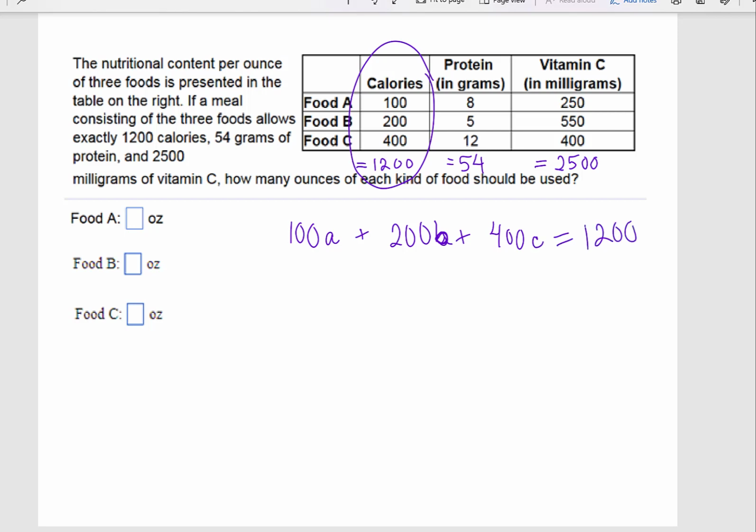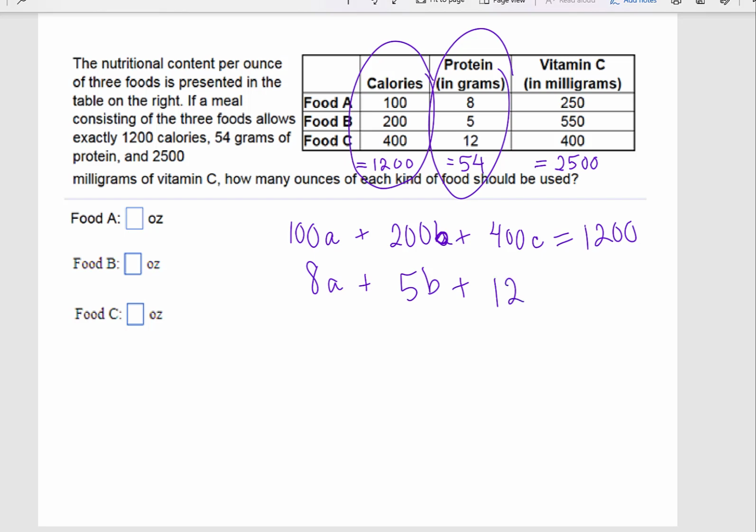And then it has to equal 1,200. Okay, then our second row, food A has 8 grams of protein, and then food B, and I say food B, the ounces in food B, right?